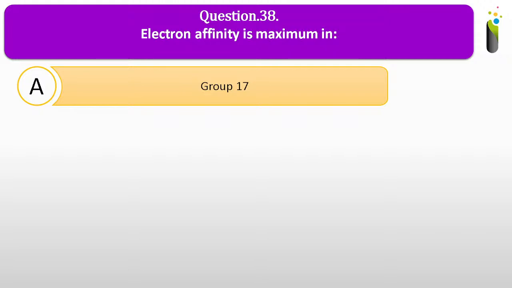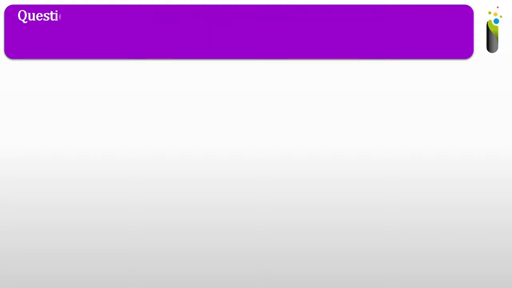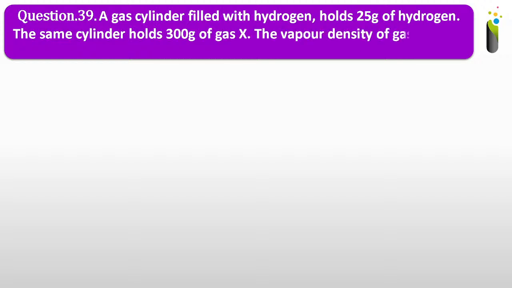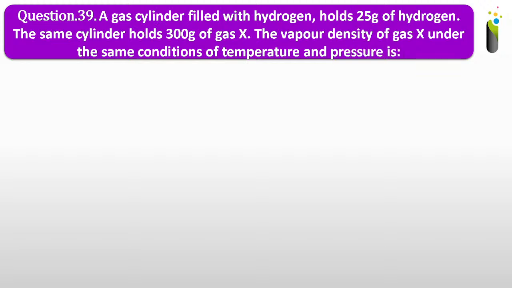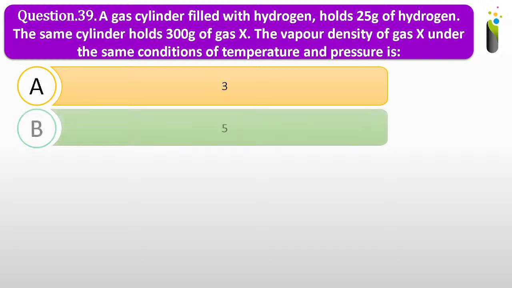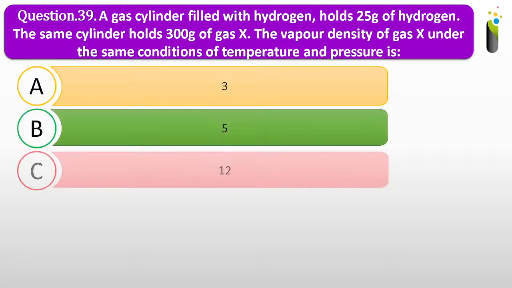Going ahead to question number 39. A gas cylinder filled with hydrogen holds 25 grams of hydrogen. The same cylinder holds 300 grams of gas X. The vapor density of gas X under the same conditions of temperature and pressure is dash. A. 3, B. 5, C. 12, D. 10.